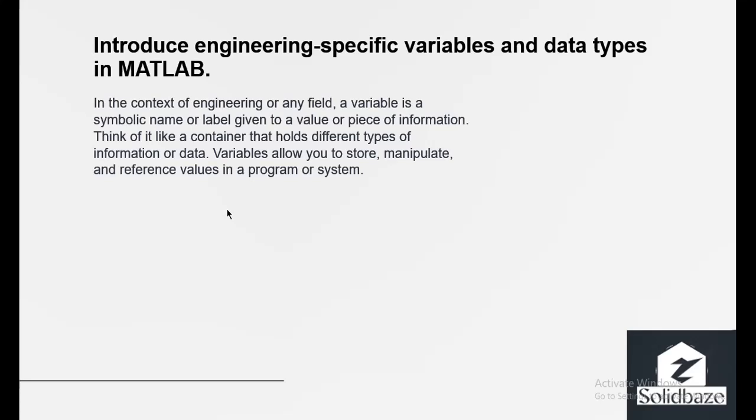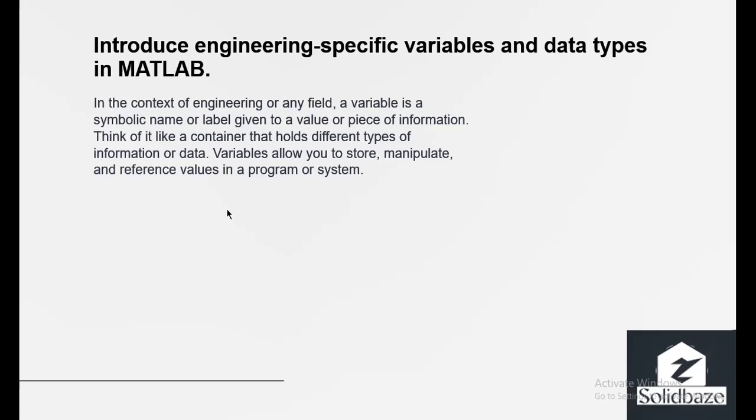Okay, so what does this mean? When we talk about a container, let's look at a typical example in simple engineering terms. Voltage can be a variable. Current can be a variable.